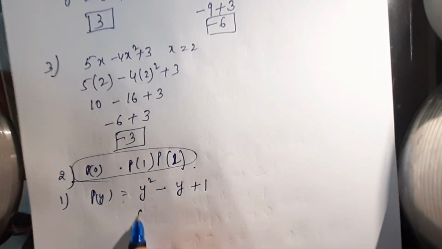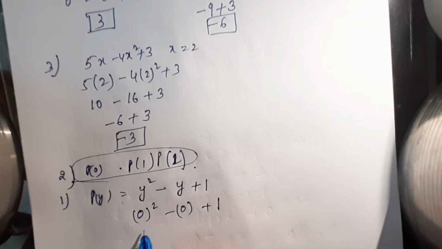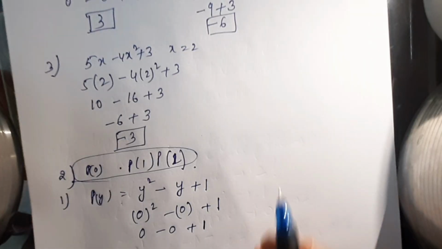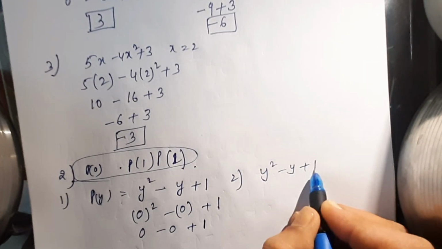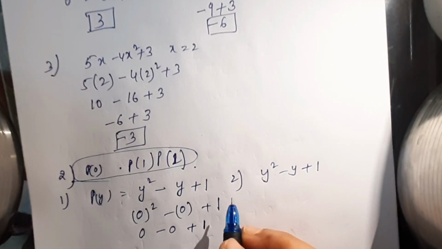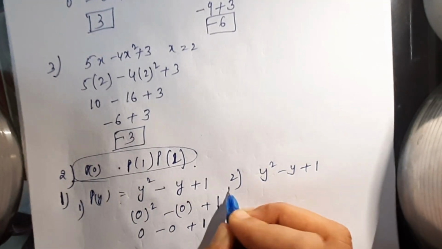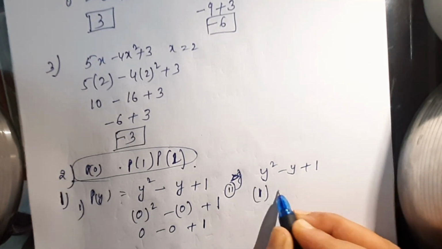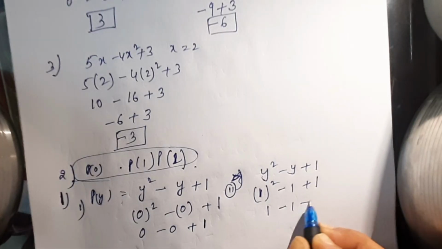So if we put 0 in place of y, 0 square is 0, so we'll be having only the value 1. Now the second question, where we need to repeat the same question, we are repeating it 3 times with the 3 different values. This is the main question 1. Now replace y with 1. 1 square is 1.